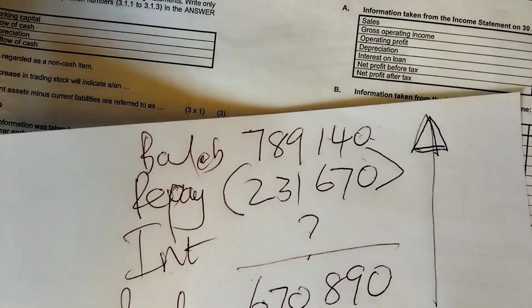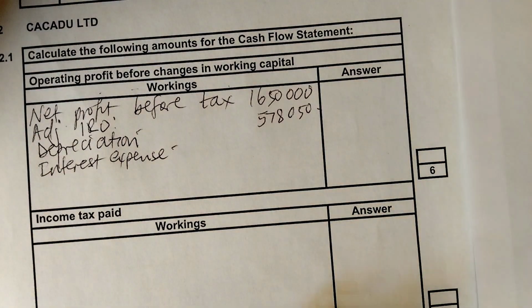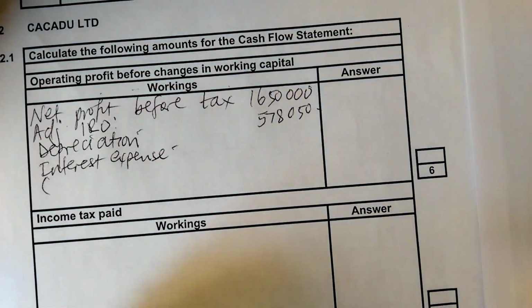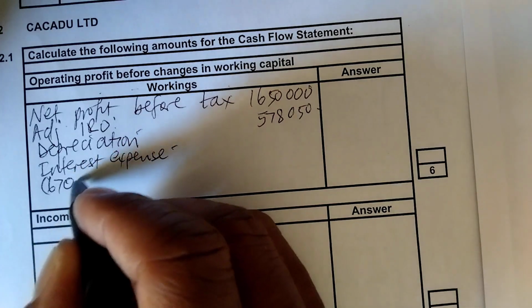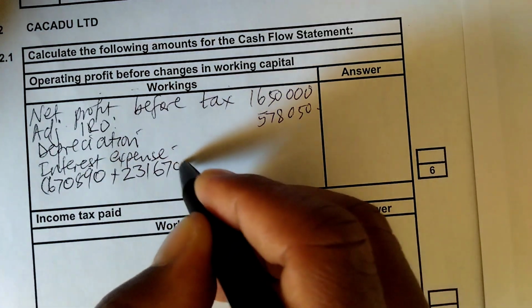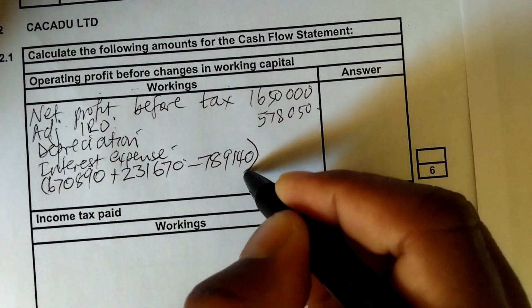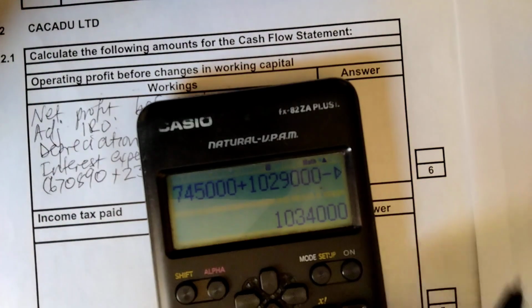I can come onto the answer book itself and do the same calculation to say my interest is going to be 670,890 plus 231,670 minus 789,140. That is my interest calculation there.